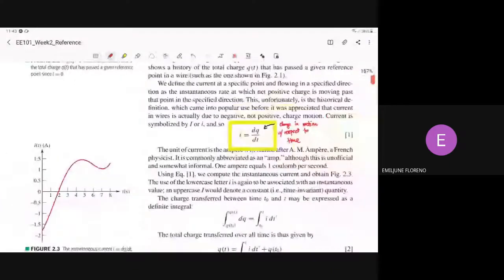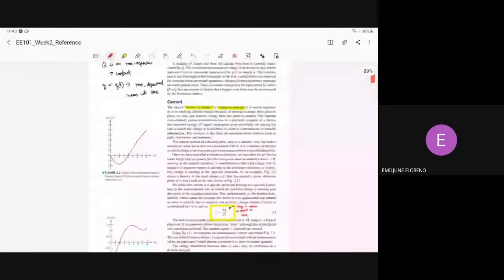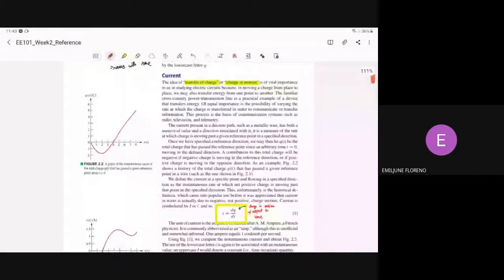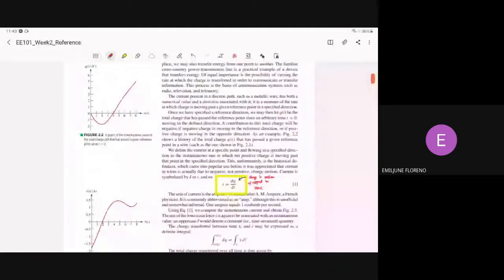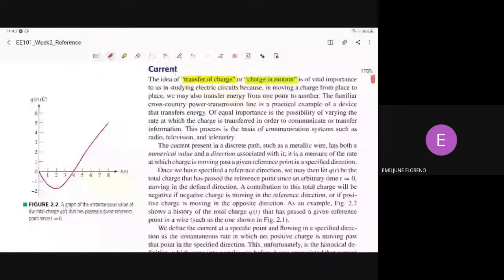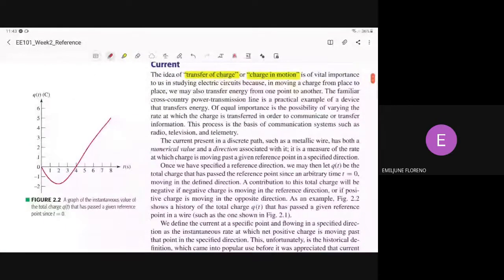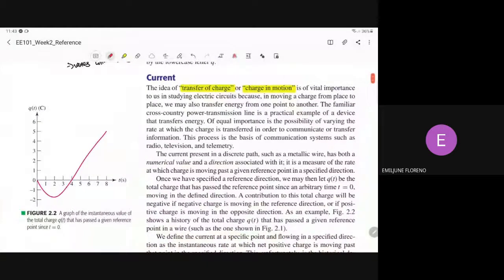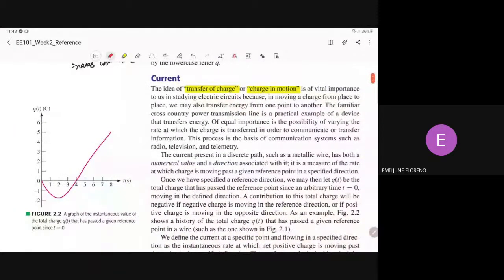So kung ato siyang i-relate into a graph, graphical representation, if we are going to graph our data, so kaning q of t, unsa ni nga parameter, unsay q? Voltage ba ang q?